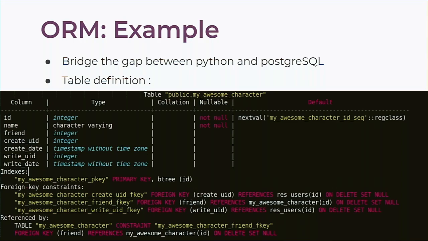The friend, which is an integer here, with a foreign key here, pointing to the my awesome character table, and the create UID and write UID fields, which represent the user who created or edited the record, with the foreign key to the res users table, and the create date and write date fields that are timestamp columns.